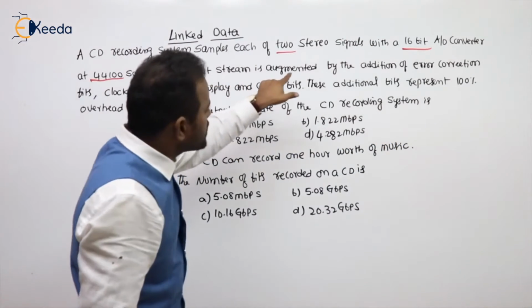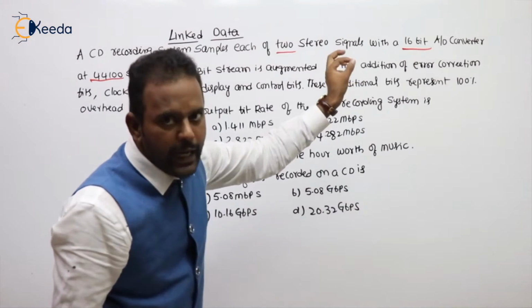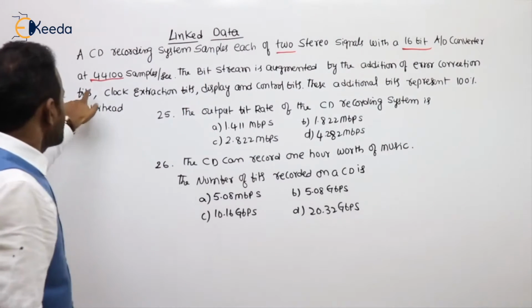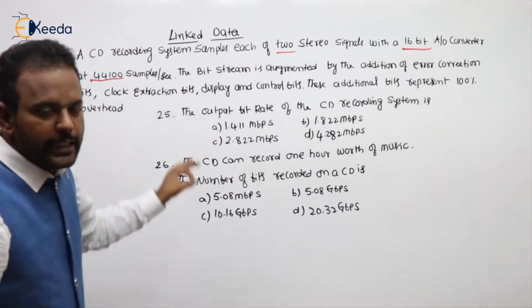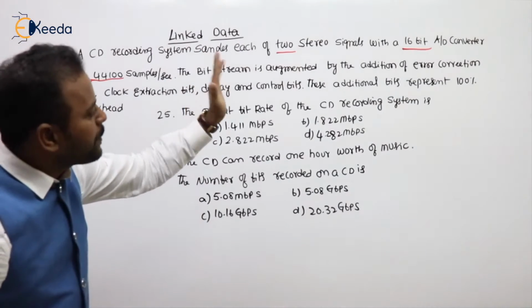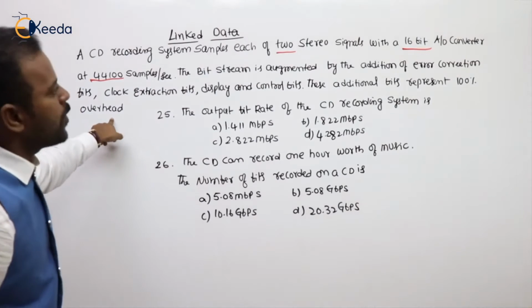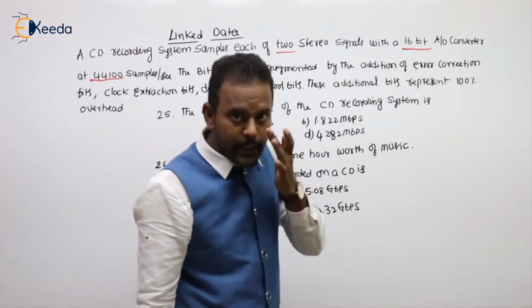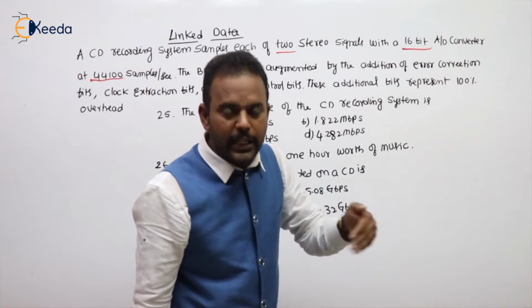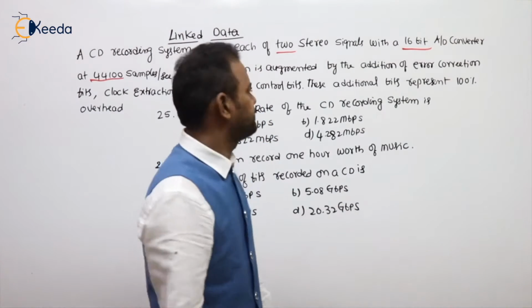The bit stream is augmented by the addition of error correction bits, clock extraction bits, display and control bits. These additional bits represent 100% overhead. Actually, 16 bits for the A to D converter, and another 16 bits we are using for error correction, display and control.